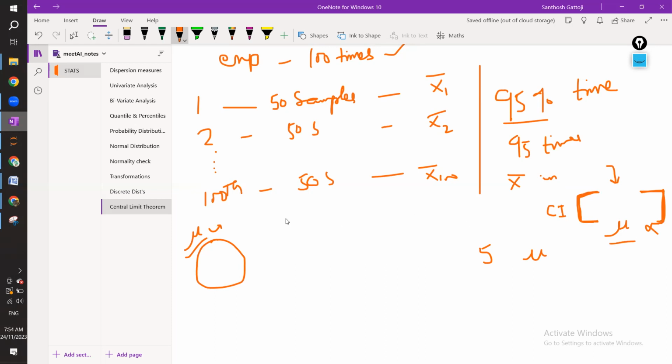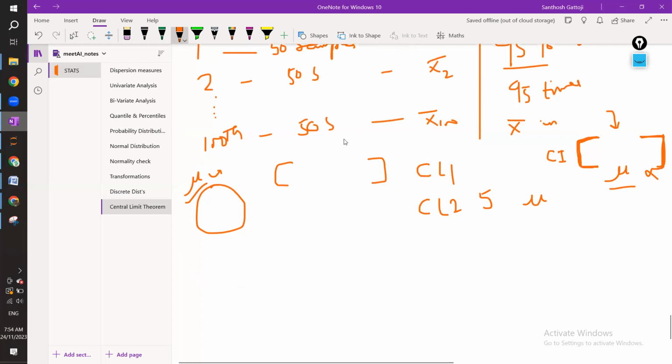The confidence interval, whatever you are getting, will change, right? The first time you take a set of values, it will have a confidence interval CI1. If you again take some random samples, it will have confidence interval CI2. Getting? Yeah, Santosh. Yes, sir.